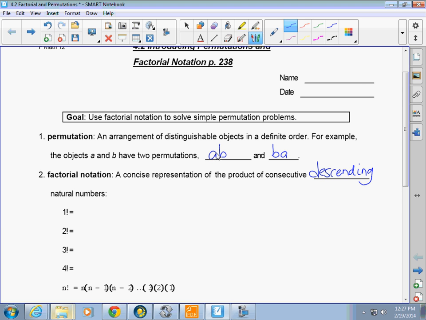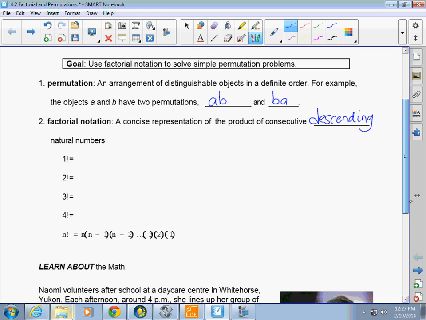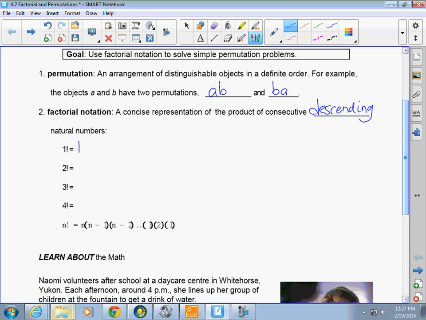So for example, 1 factorial is just 1. 2 factorial, I start at 2 and go 2 times 1. 3 factorial would be 3 times 2 times 1. 4 factorial is 4 times 3 times 2 times 1. So it's a concise representation of the product of consecutive descending natural numbers.